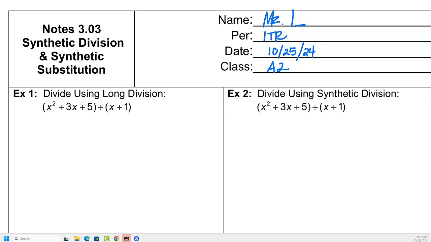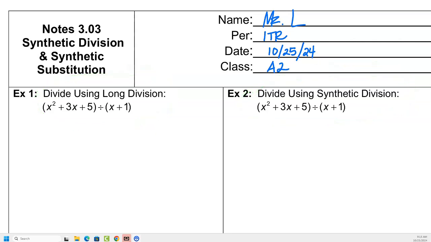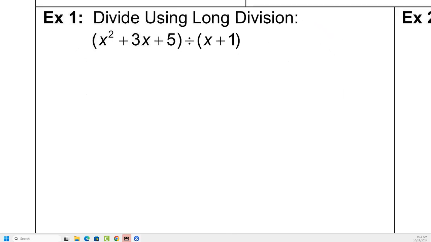So I'm going to do that today. I have example 1 and example 2. One I'm going to do with long division, and the other I'm going to do with synthetic. The whole purpose is to show you how it is so not magical. So with that, let's take a look here at example 1.